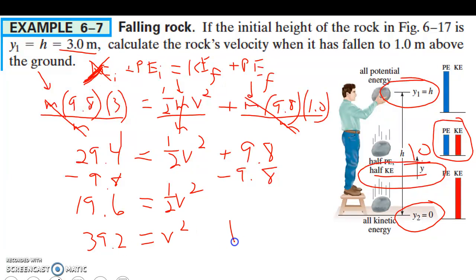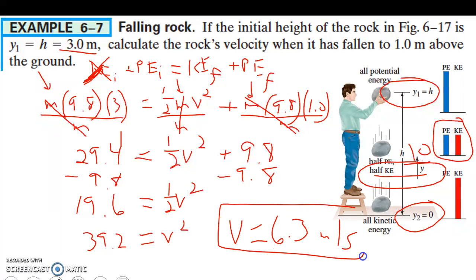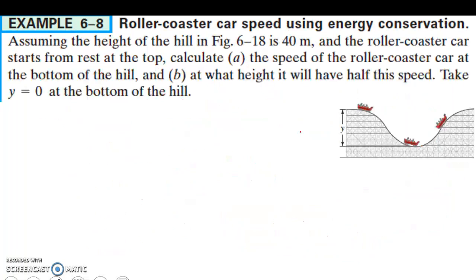Take the square root of both sides, and my velocity at 1 meter is 6.3 meters per second. So algebraically, I don't need to know mass to find that final velocity. That makes your math a heck of a lot easier. Remember that idea when we're doing energy problems.